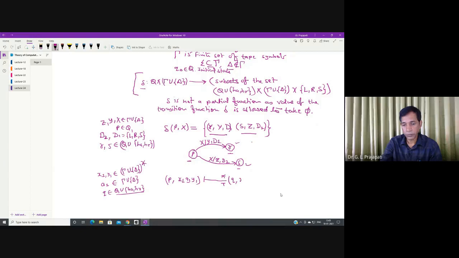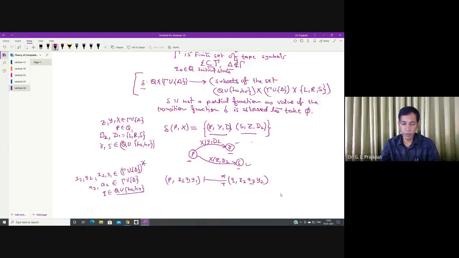Say you have a configuration like X2, A2, and Y2, and your tape head may be scanning the symbol A2. Here X2 and Y2 are strings taken from the set tau union blank symbol.